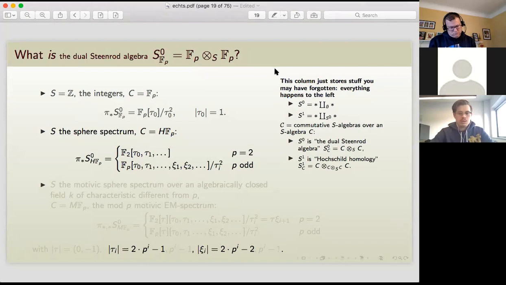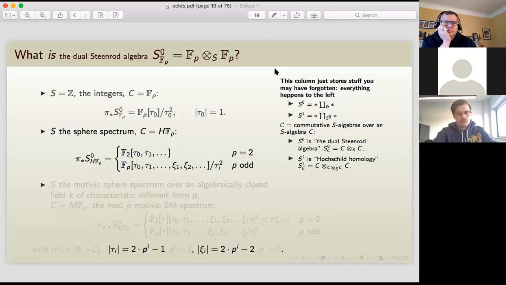When p is even, I get the polynomial algebra, and I call the generators tau_0 and so forth. The degrees of the taus are 2 times 2 to the i minus 1. And in the odd case, we have both exterior generators tau and polynomial generators psi.